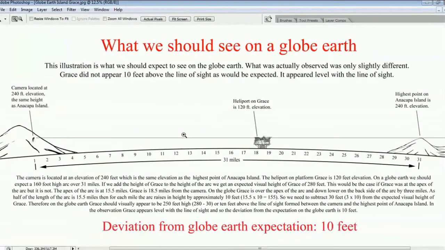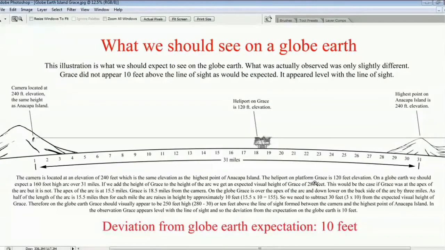Because actually, according to the globe math, if you're using a straight line from the camera position to Anacapa Island, and you're assuming it's 240 feet, then Grace should be approximately 10 feet above that line. And this is why. The camera is located at an elevation of 240 feet, which is the same elevation as the highest point on Anacapa Island.